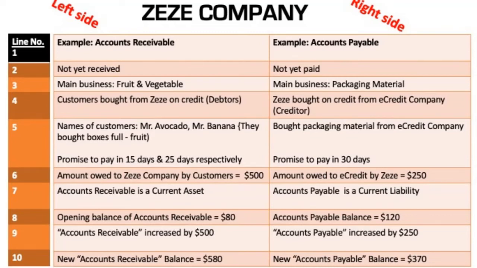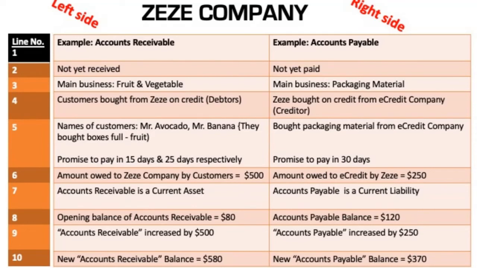Great. And e-credit company will then take the packaging material, I suppose fruit boxes and others, and give it to Zeze company. At the time e-credit company dispatches the packaging material from its warehouse to Zeze company, no payment has been done. The transaction is a credit transaction.